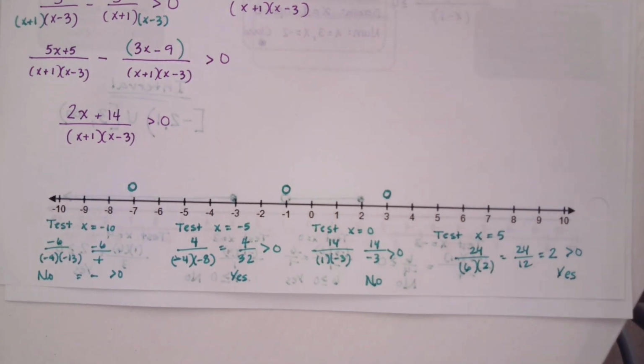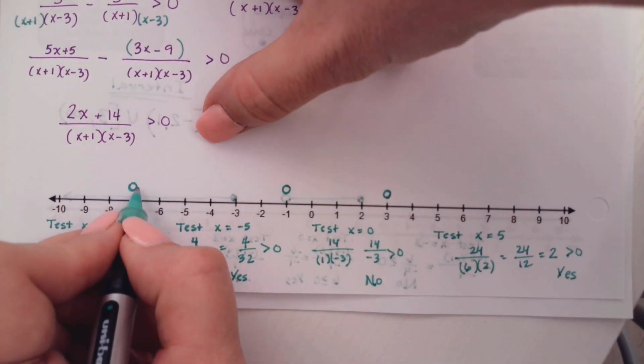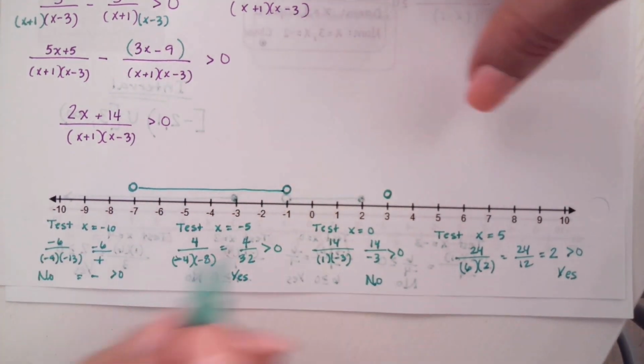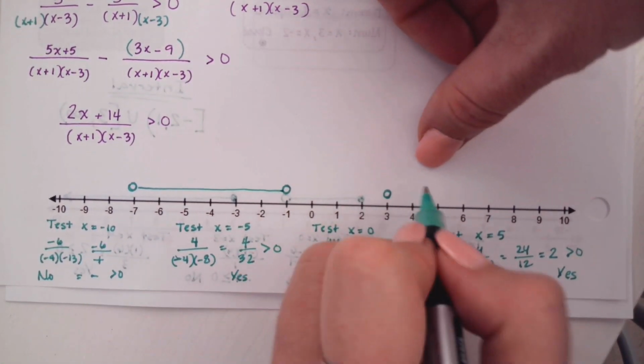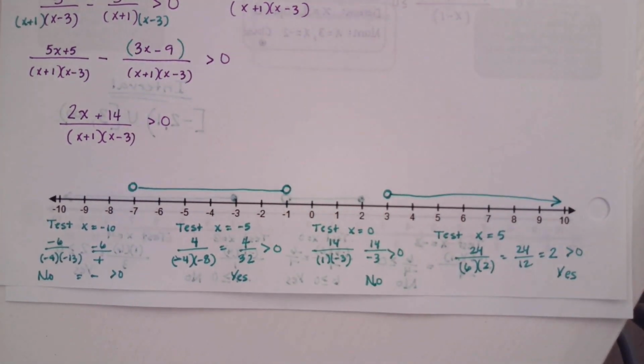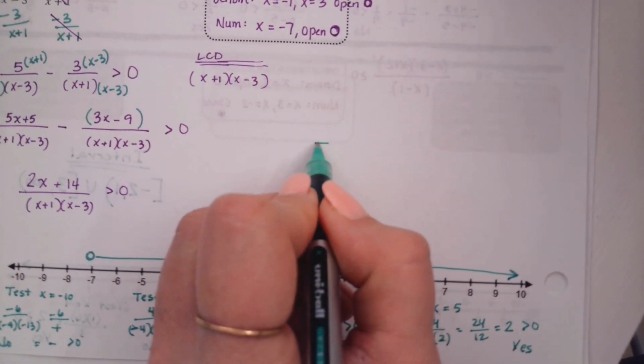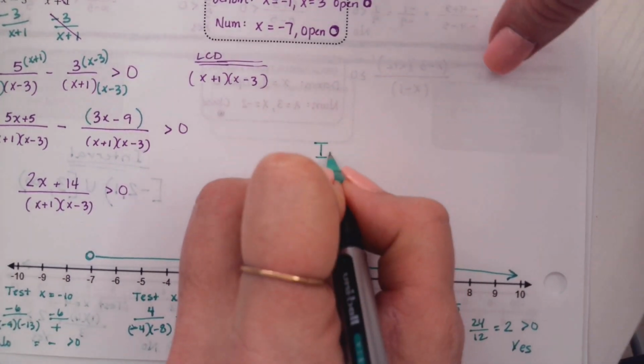So I'm going to shade the 2 areas where we found solutions. We found solutions in between negative 7 and negative 1. We also found solutions to the right of positive 3. So I'm going to write out those 2 solution intervals. Are we going to have to use a U in our answer? Yes, because we are connecting 2 intervals.